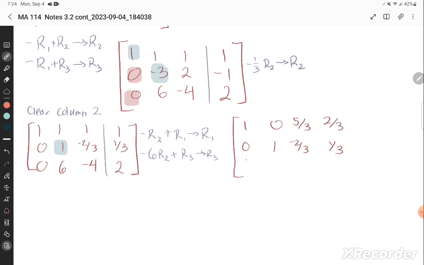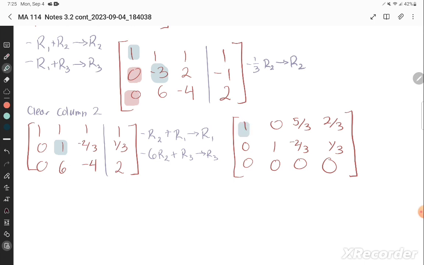And then here I've got 0. Here is also going to be 0. Negative 6 times negative 2/3 is positive 4, so this actually turns out to be 0. And then negative 6 times 1/3 is negative 2, and this turns out to be 0. So just by a happy coincidence, I guess you could say, I'm done.